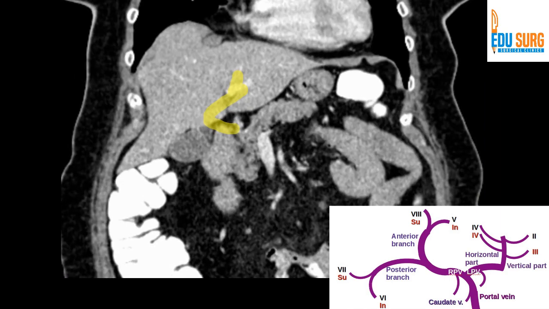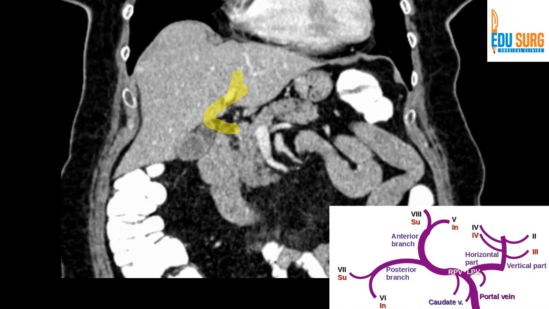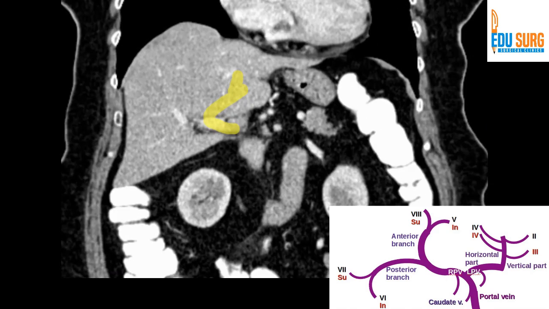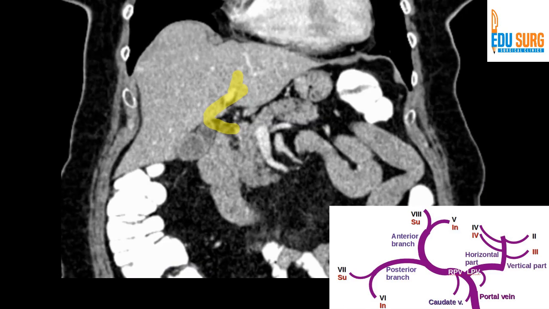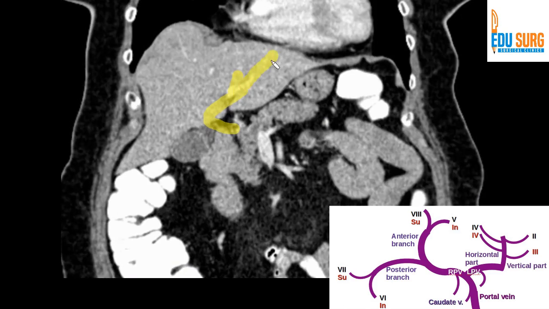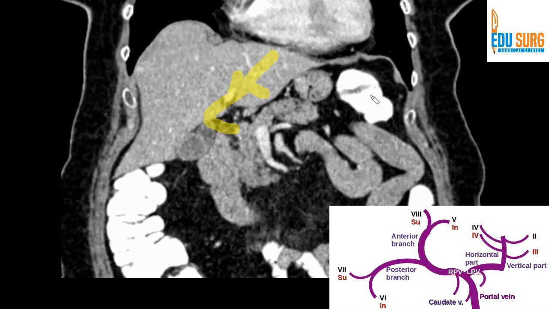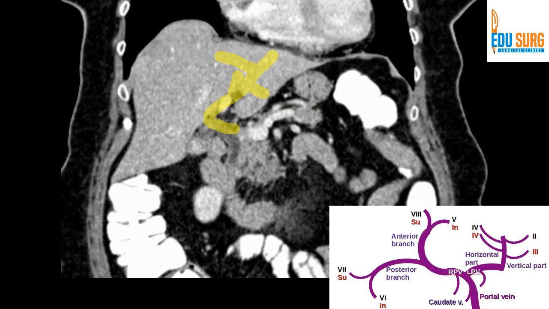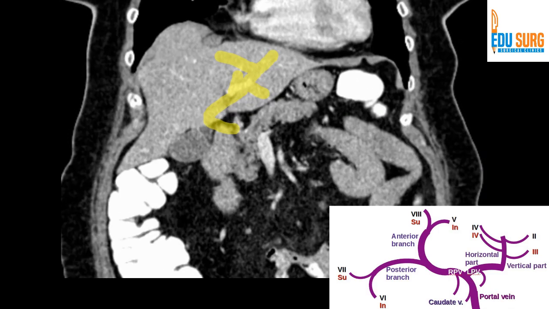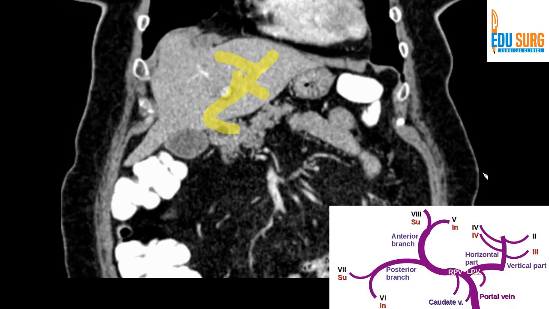If you have not seen the liver anatomy series, I have already described the CT scan and the portal vein anatomy there. This is just to identify these vessels on the console, right? So left branch of portal vein, and it gives branches to 2 and 3 on the left side and branches to 4 on the right side, right? That is how the left branch of portal vein divides.